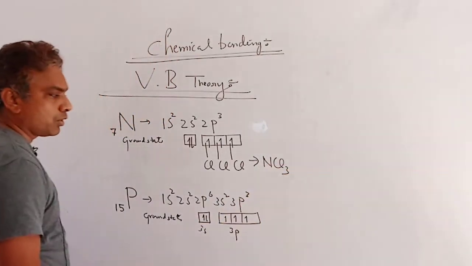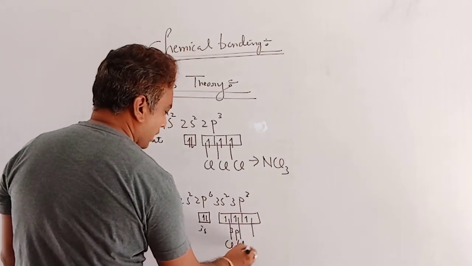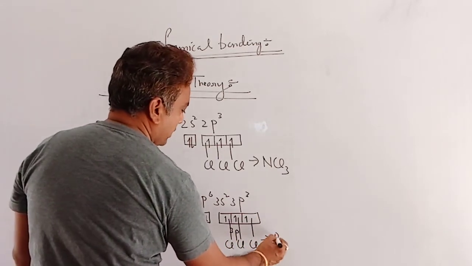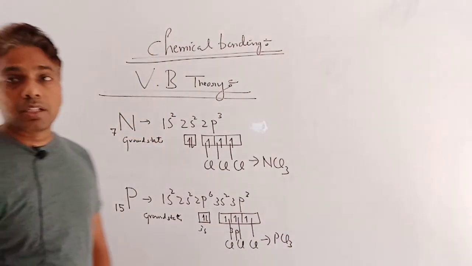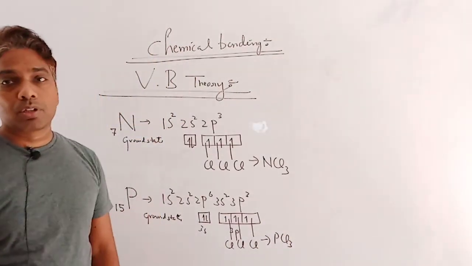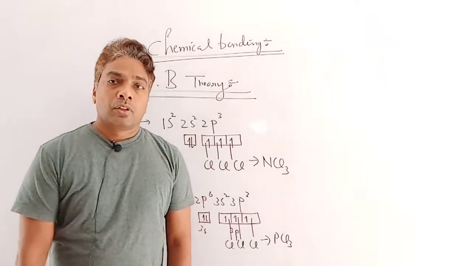Similarly, in case of phosphorus, with the help of 3 chlorine atoms, all 3 unpaired electrons are paired, and PCl3 is formed. So NCl3 as well as PCl3 are formed in the ground state of nitrogen and phosphorus respectively.